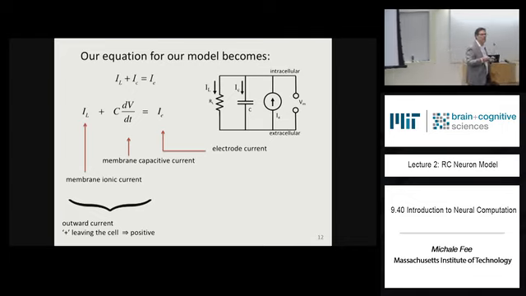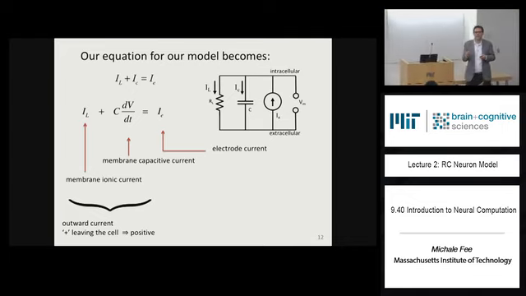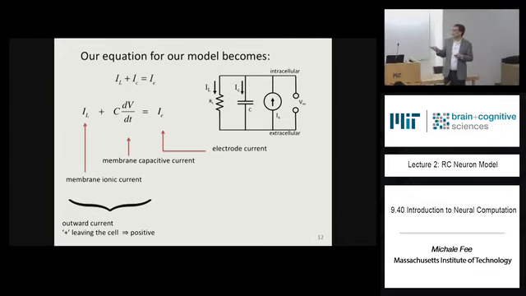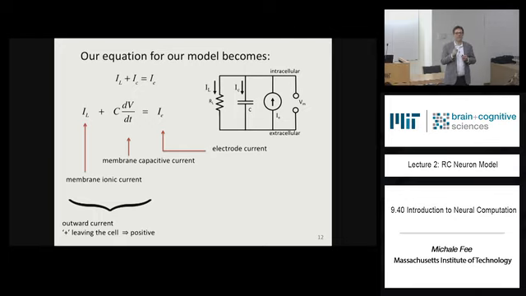Actually, it's not quite true. There are ion channels that look essentially like leaks. And it turns out that the ion channels of many neurotransmitter receptors like glutamate and acetylcholine actually look like little leaks. They pass multiple ions that makes them look like leaks.